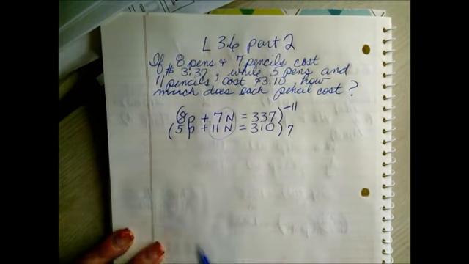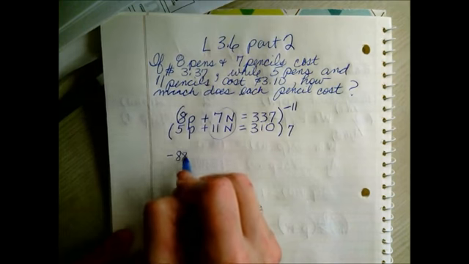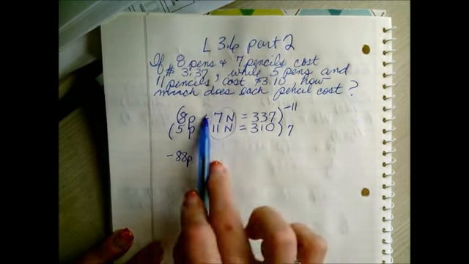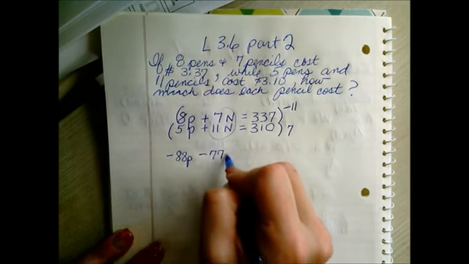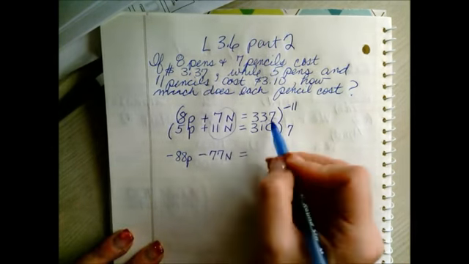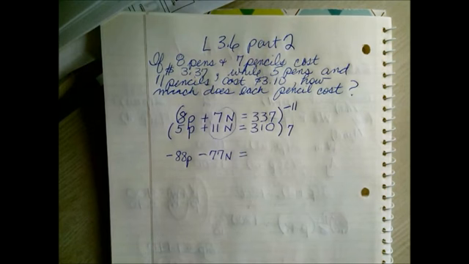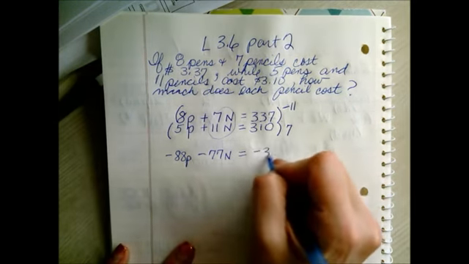So 8 -88p minus 77n. Calculators. 337 times -11. 337 times -11. -3707.